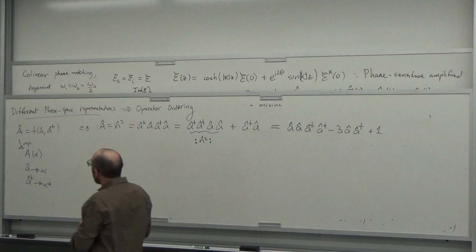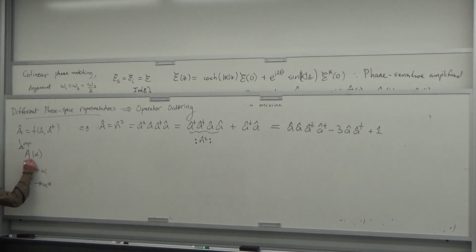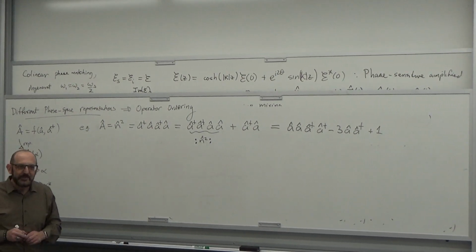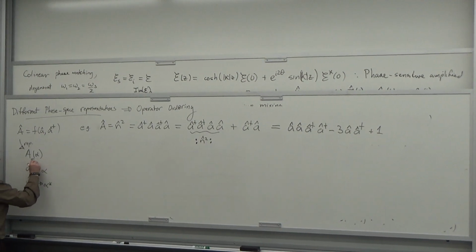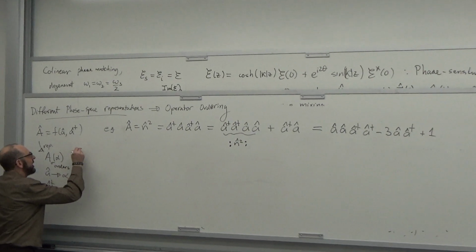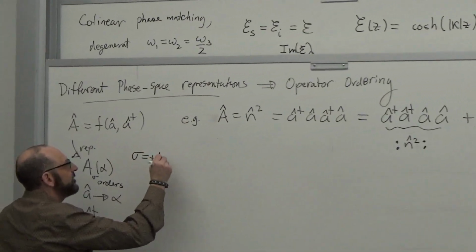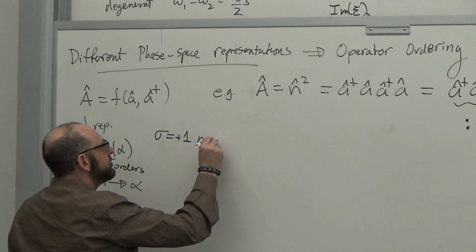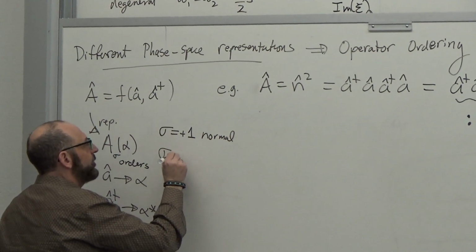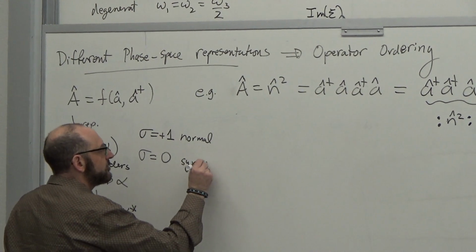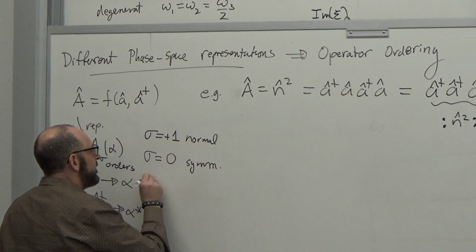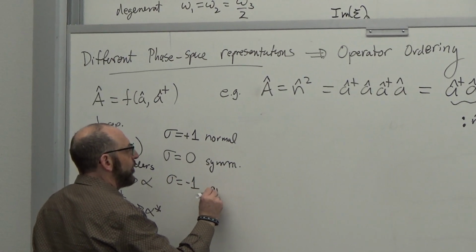And so I'm going to put a little symbol on the bottom, sigma, not to be confused with alpha. I hope you can tell the difference between my sigmas and my alphas. It represents the ordering. Sigma equals +1 is going to be normally ordered. Sigma equals 0 is symmetrically ordered. And sigma equals -1 will be anti-normally ordered.